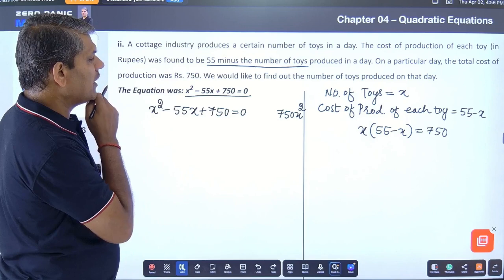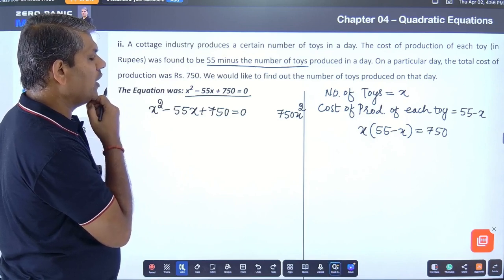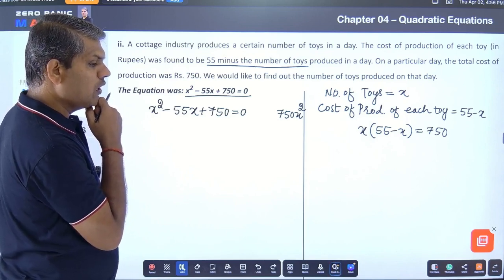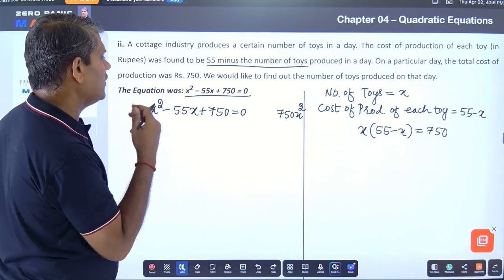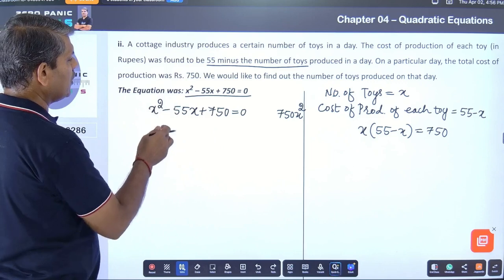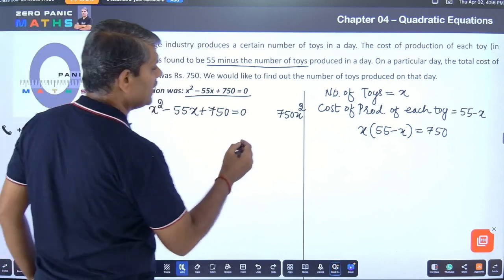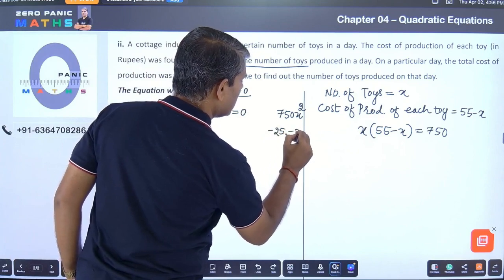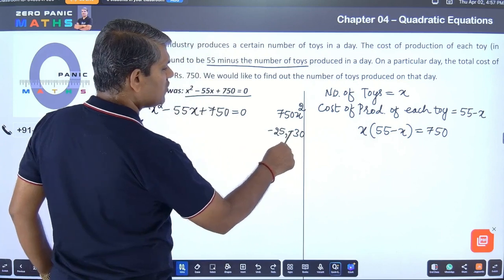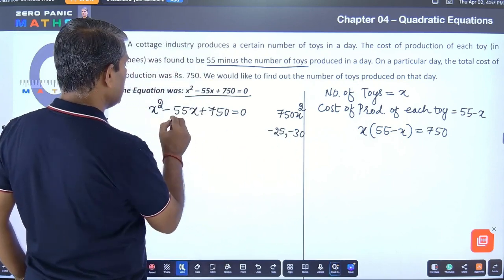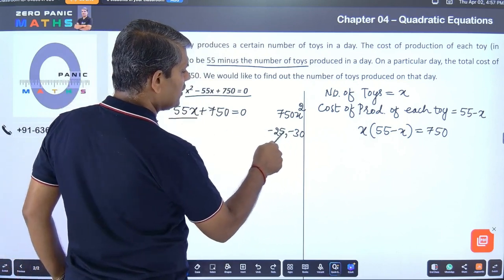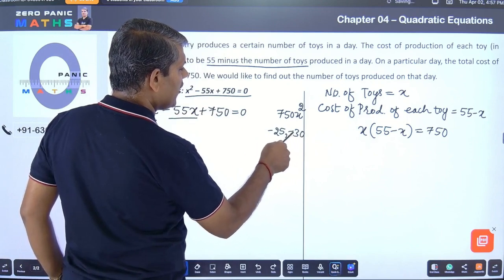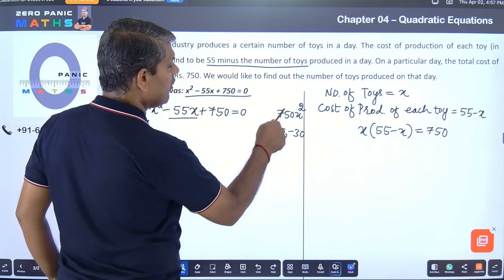If you take 25 and 30, I think 25 and 30 will satisfy. Minus 25 minus 30 will get us minus 55, and 30 times 25 is 750.